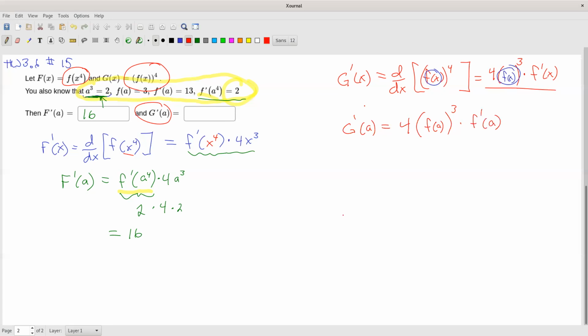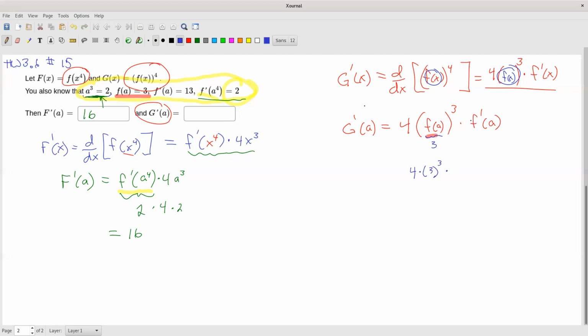All right, what do we know? Do we know f of a over here? We do. It's getting a little messy there. Right there, f of a is 3. So this right here is a 3. So that means I have 4 times 3 cubed.